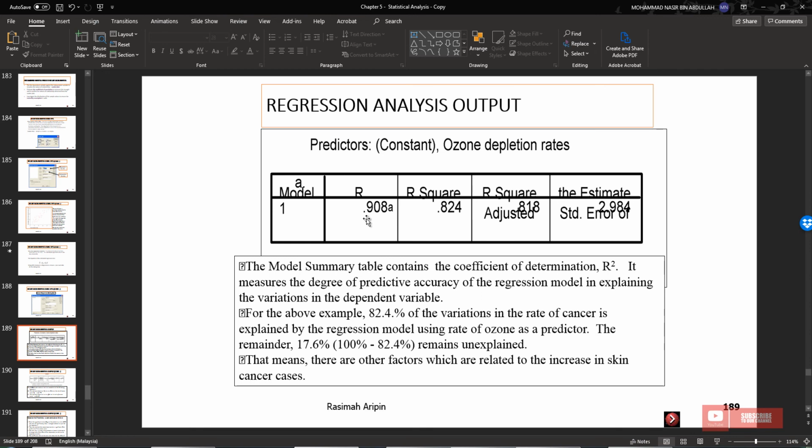If you measure the Pearson product moment correlation, this is the Pearson product moment correlation coefficient, the same value as the Pearson product moment correlation. So 0.9 indicates that we have a strong positive correlation. R squared is the coefficient of determination.